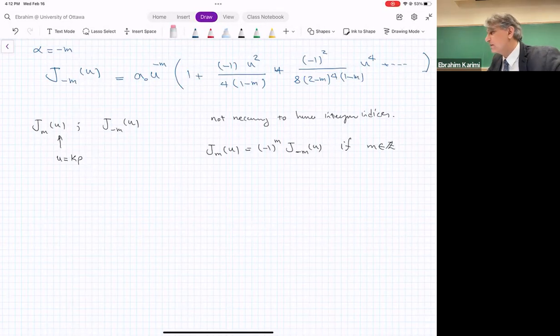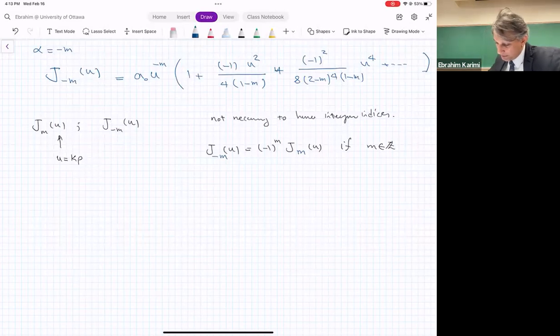I think it's vice versa. So J minus m is equal to minus 1 to the power of m, Jm. So it seems that they are not fully independent, and we are looking for two solutions that should be completely independent.